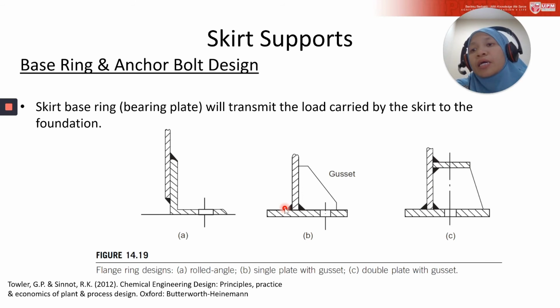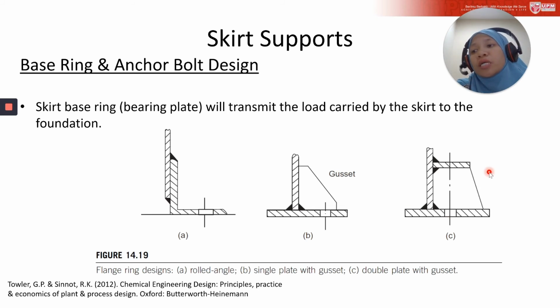While for type C, the name for it is double plate with gusset. It's also known as chair supports because the shape is like a chair. The C design is commonly used for larger columns.